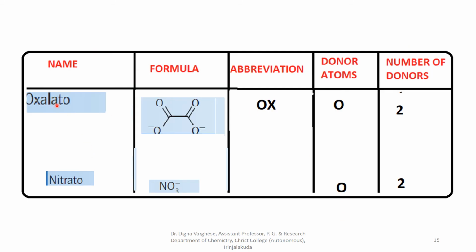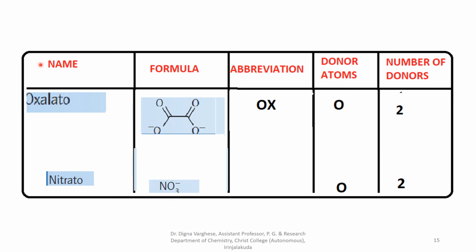Another example is oxalato. Its formula is COO minus COO minus. Abbreviation is OX. Donor atoms are two oxygen atoms, negatively charged. So it's a bidentate ligand. And nitrato ligand, NO3 minus.